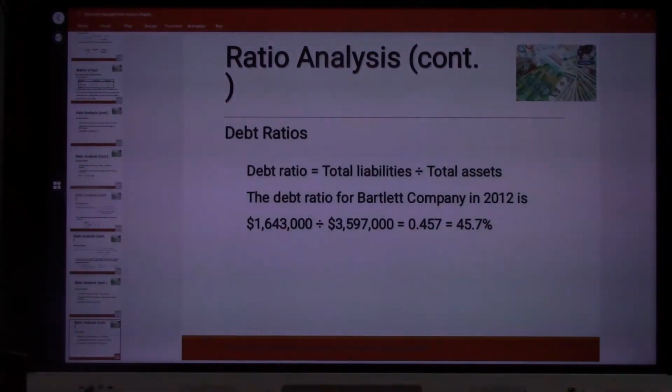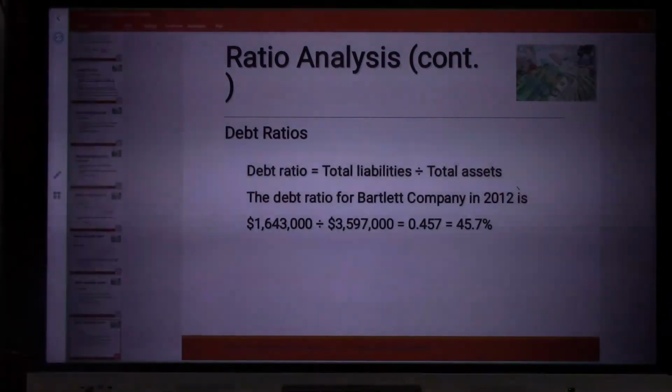The third dimension. I think now we have covered two dimensions. If you are interested in assessing short-term liquidity, you are going to use 3 sub-ratios. If you are interested in assessing the efficiency of using resources, we are using 5 ratios.